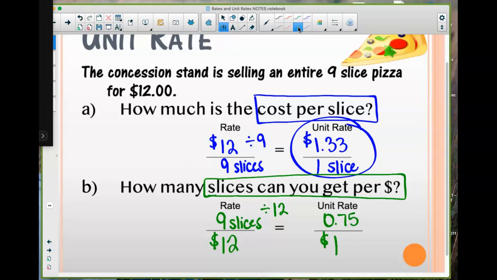Yes. Savannah had it right. It would be slices. Okay, I put slices on the top, so that needs to stay my label on the top. So you could get 0.75 slices for $1. Which one makes more sense, A or B?